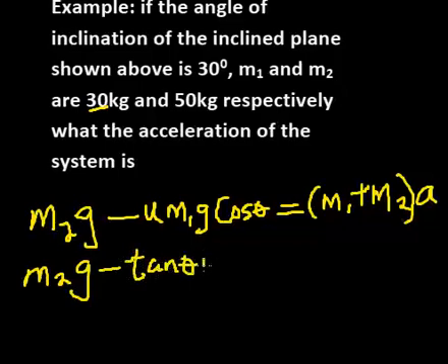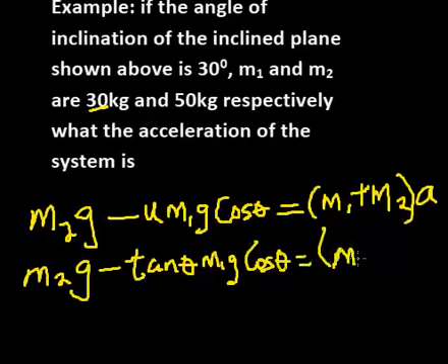Tan theta times M1G cos theta equals M1 plus M2 times A.